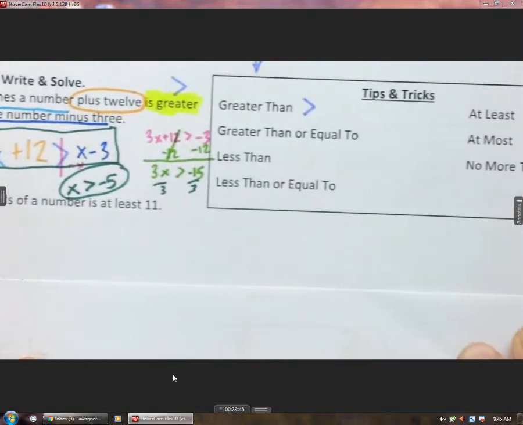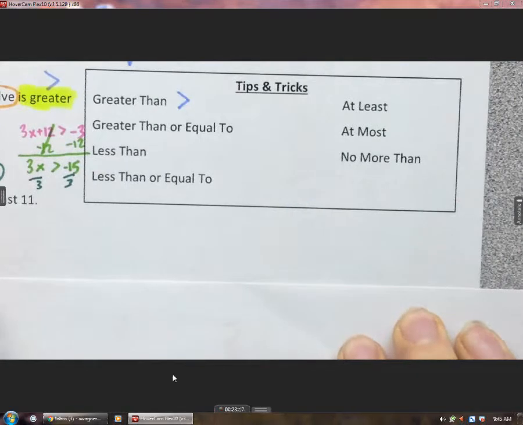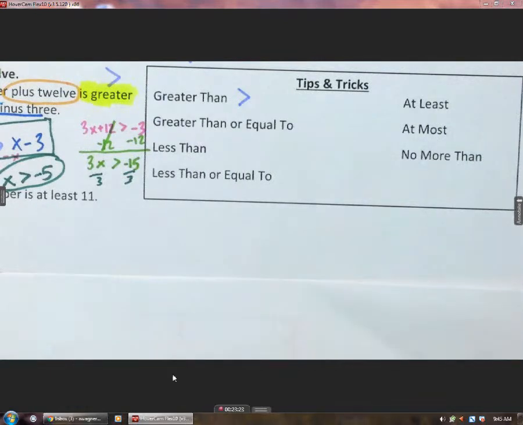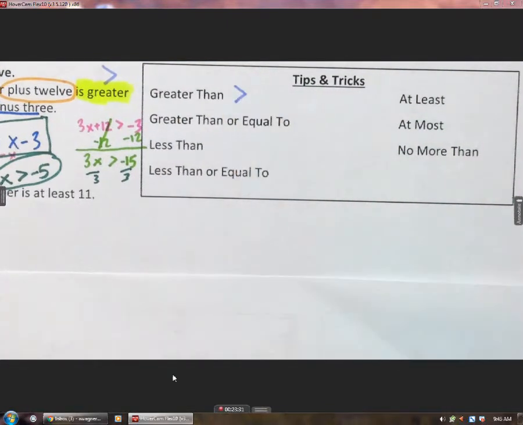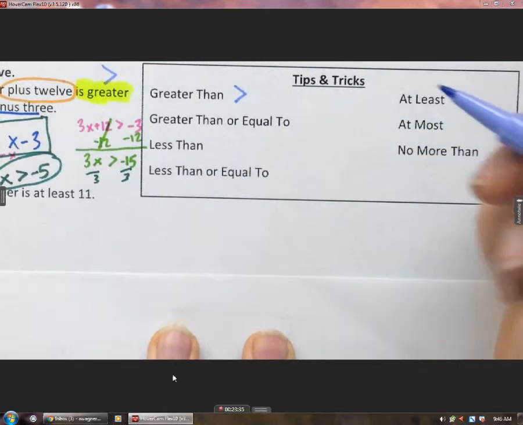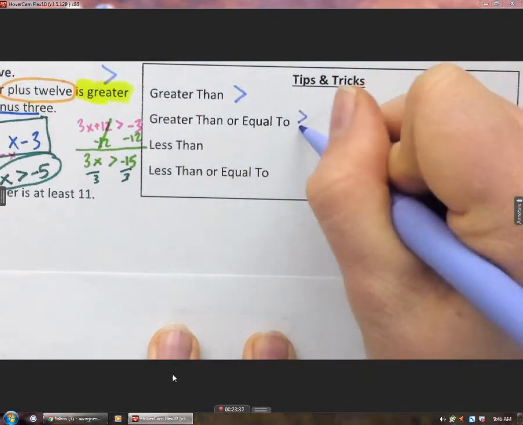Let's finish filling out our tips and tricks box so you guys have a second to write that down. If I were you, I would write them all. So I did greater than. What would greater than or equal to look like? Same thing with the line under it.